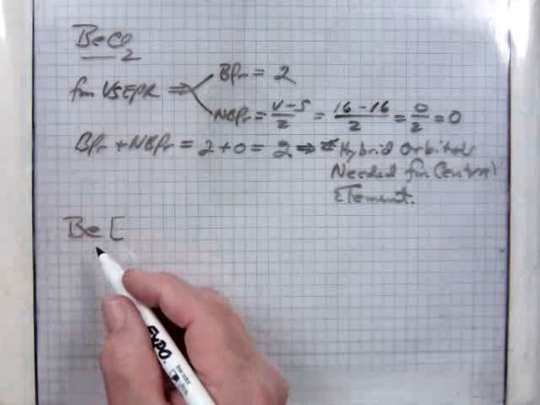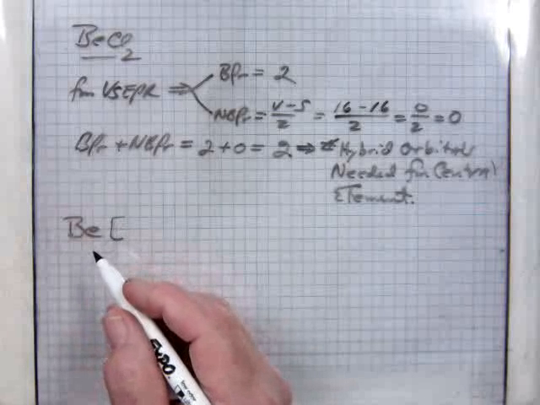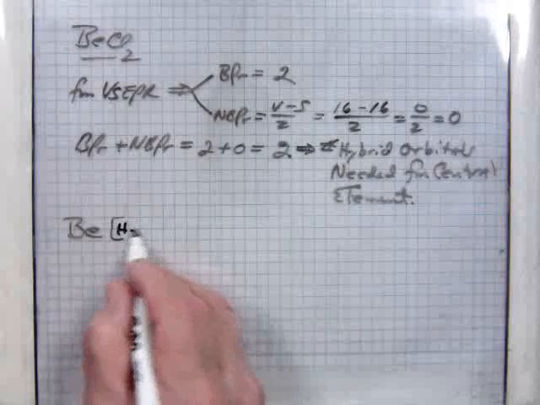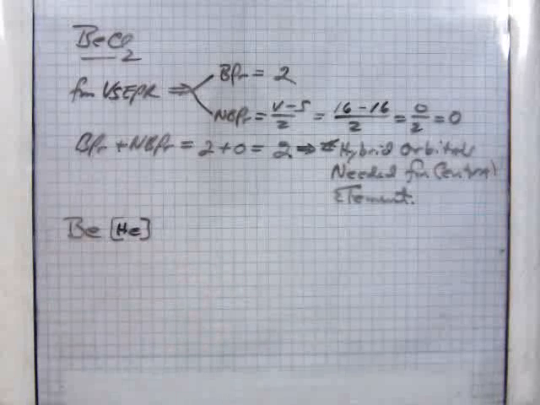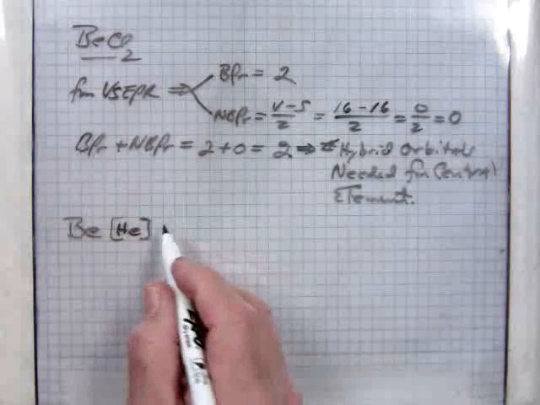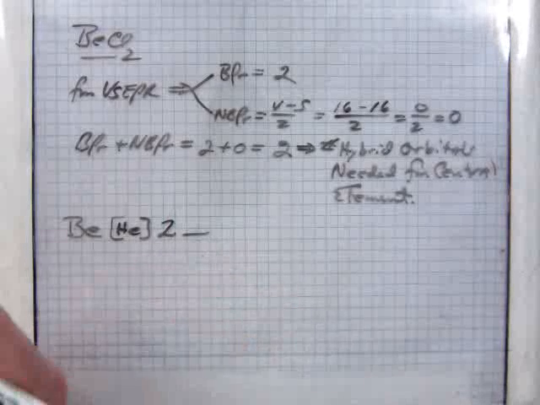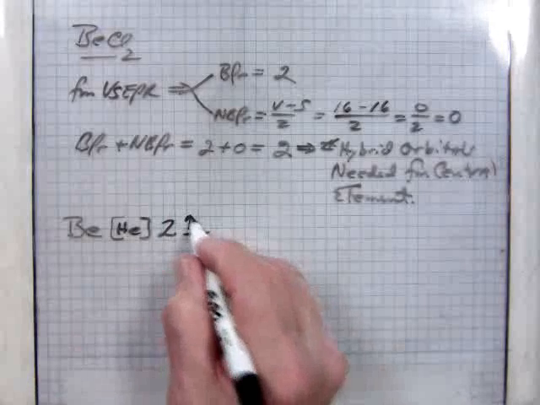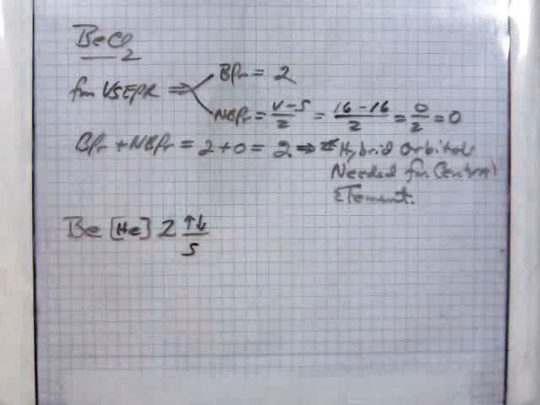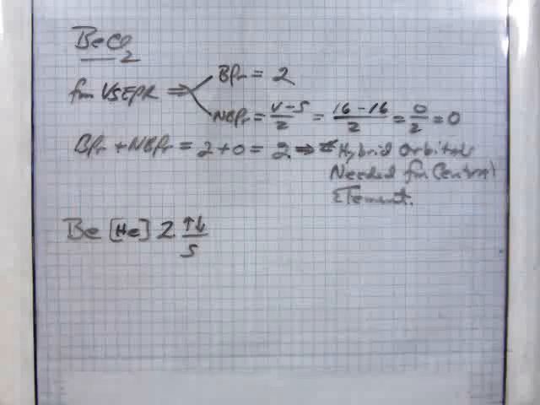Now remember, this is all occurring in the valence, so we'll just draw in the helium as the core because it's not going to change. Only the outer valence shell will change. So then we go to the second energy level, and what does it have in here? In beryllium, it has a diamagnetic paired electrons right there.